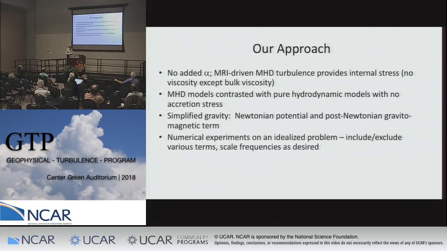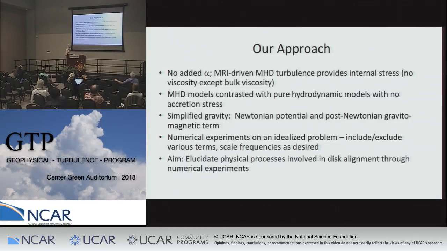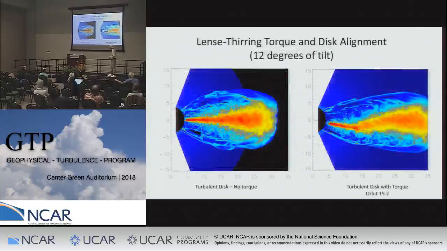You just turn it up or down as you like. So it's very much an idealized numerical experiment where you can adjust the parameters to try to figure out what's going on. The goal was simply to elucidate the physics of the process, compare it with the ideas that came out of the more viscous analysis, and basically try to understand what's going on.